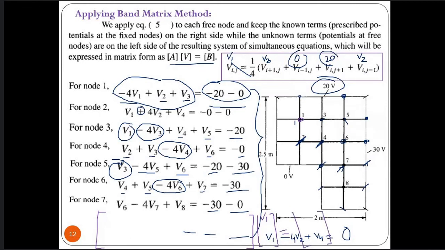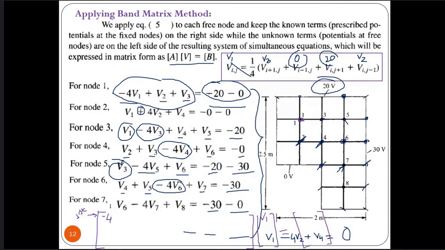For example, we will consider only 2 lines. First, we are going to write down the first node. The first row is for the first node. Now for this, A11 is minus 4.